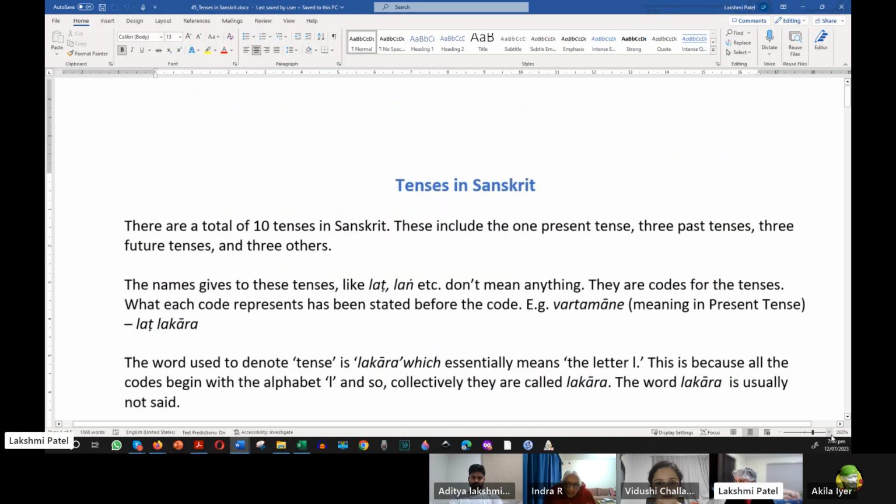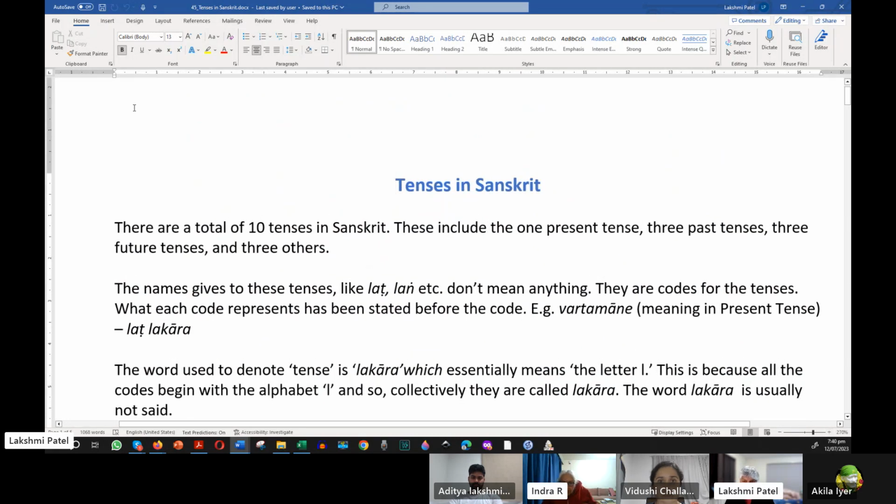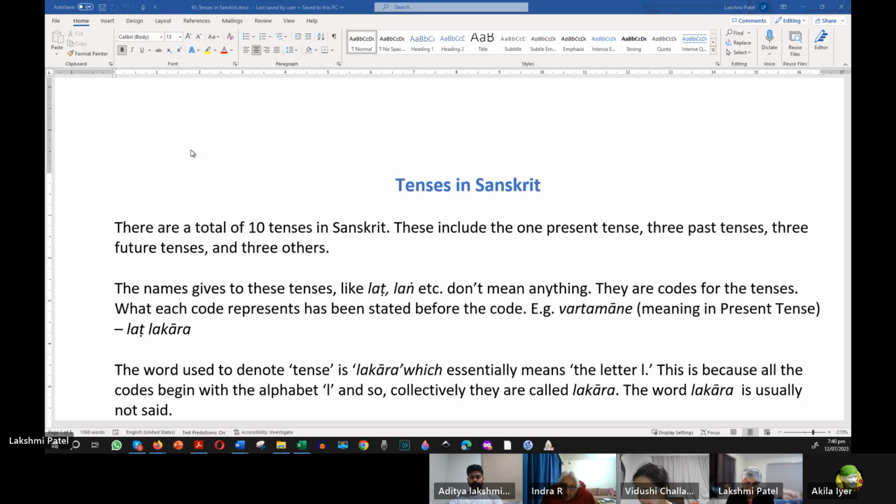So there are 10 tenses in Sanskrit. The tenses are given various names like lat, lit, lut, lrut, and so on. These words mean nothing. These words are just codes. Okay, so Panini has just given random codes to all these tenses.